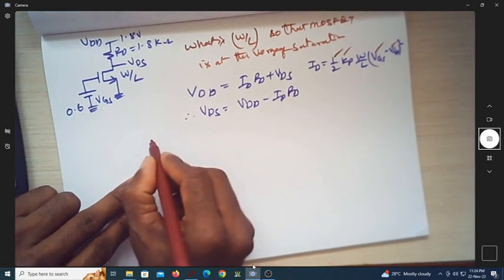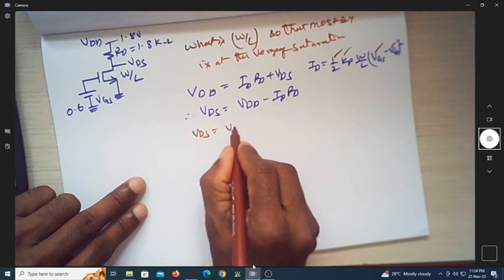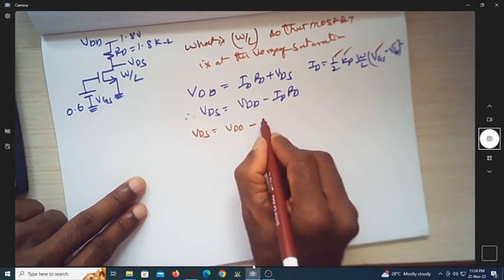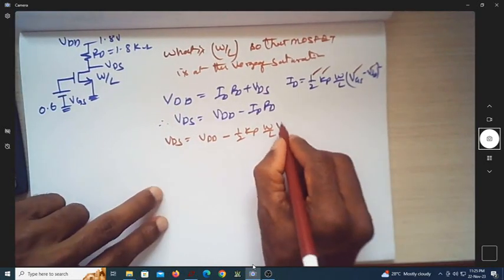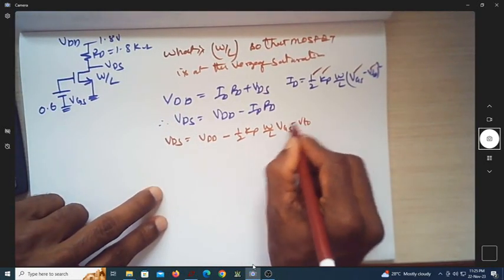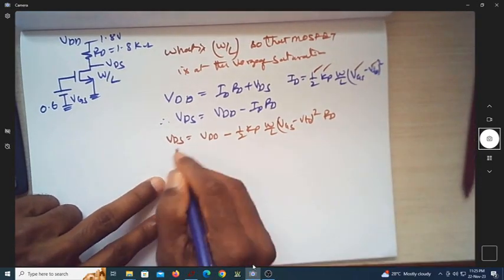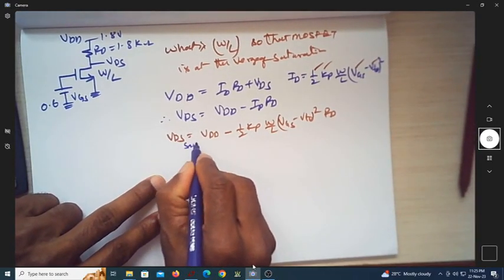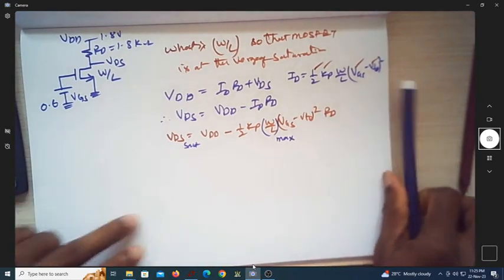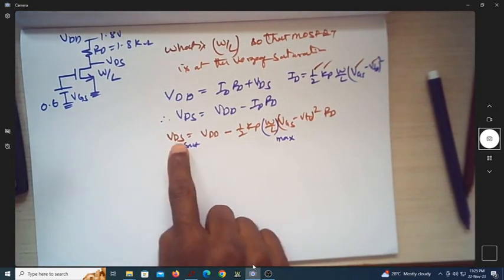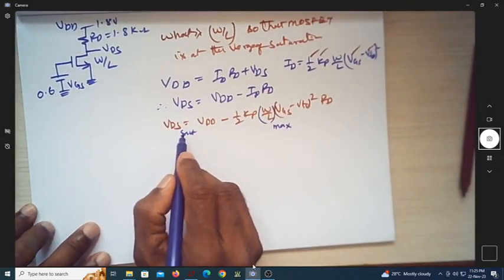Now VDS is equal to VDD minus half Kp W by L (VGS minus VTO) whole square into RD. The moment this becomes VDS sat, then this becomes W by L maximum. So let us substitute the values here. What is VDS sat now?